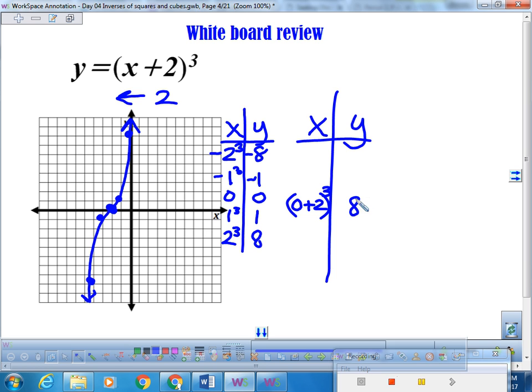So that's the point. When I put in 0, I get 8, don't I? So when I'm over here using these numbers, I'm working off of my new vertex. I'm going over 1, up 1. I see no need to plug values into there when I can just work off of the vertex. Does that make sense? Okay.